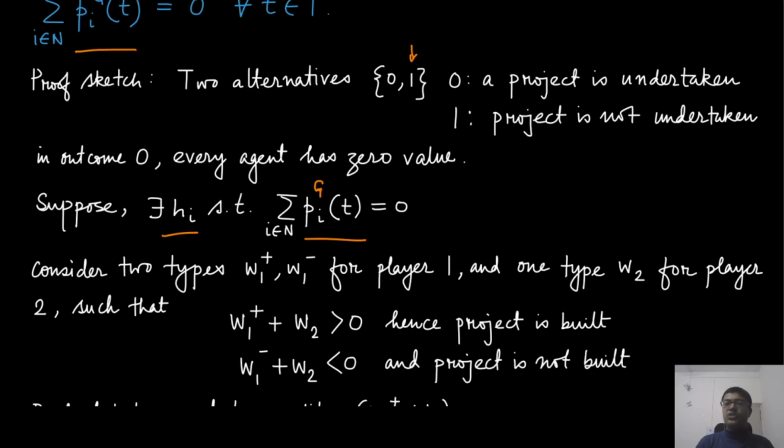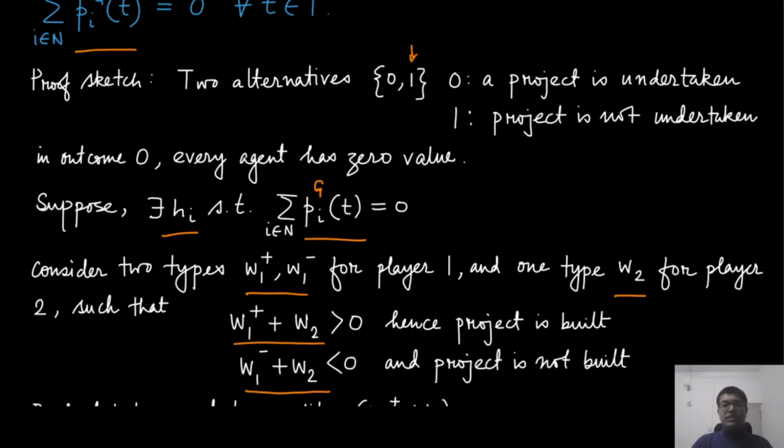Now we can consider two types of player 1, let's say w1 plus and w1 minus, and one type for player 2, such that these things happen. If the sum of the valuations for these two players is positive, then it means that the sum of the welfare is going to be positive. So it makes sense to build this project, since that is going to be the maximum.